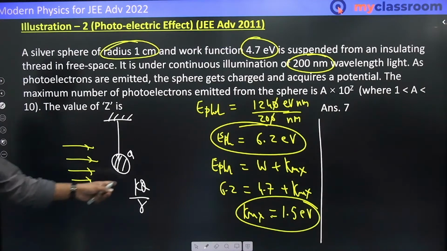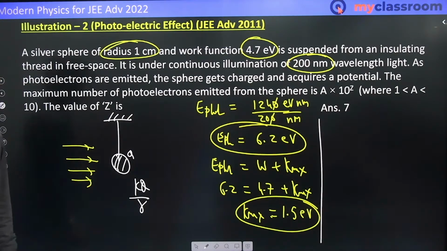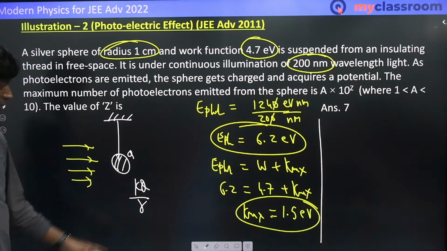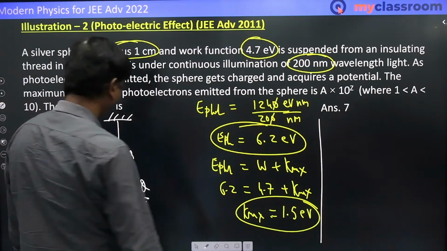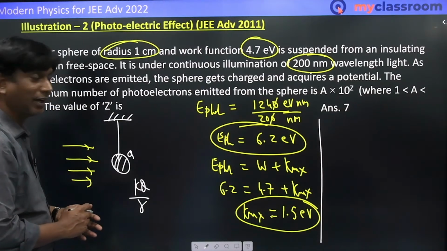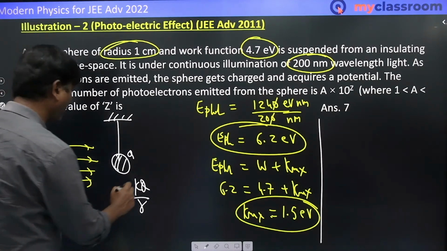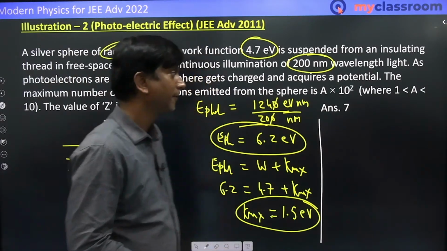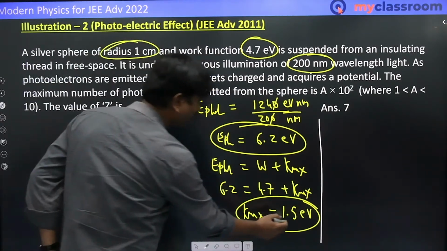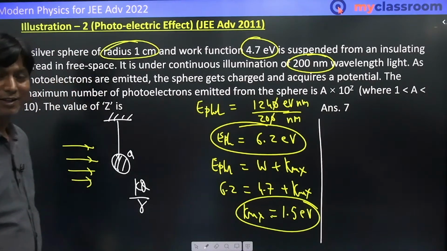That is nothing but KQ by R from electrostatics. K is 1 by 4 pi epsilon, which is 9 into 10 power 9. Q is the positive charge it has acquired, and R is the radius of that sphere, right? So this is the potential it has acquired, and suppose you take an electron, it will have a kinetic energy of this, right?